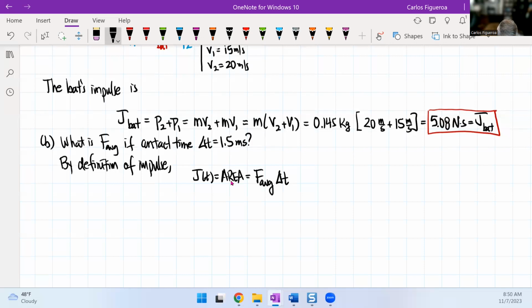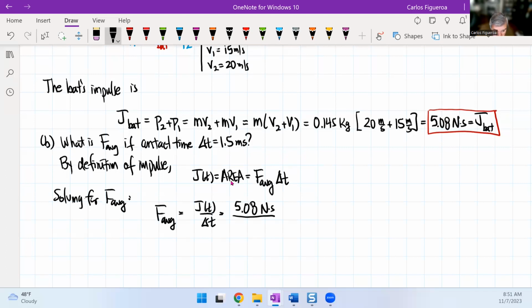So solving for F average, you can see here that F average is going to be the impulse divided by the time. So in this case, this is going to be 5.08 Newton seconds divided by 0.0015 seconds.